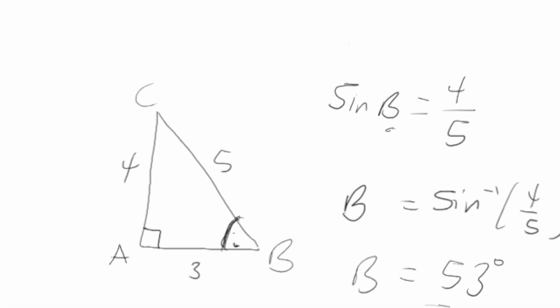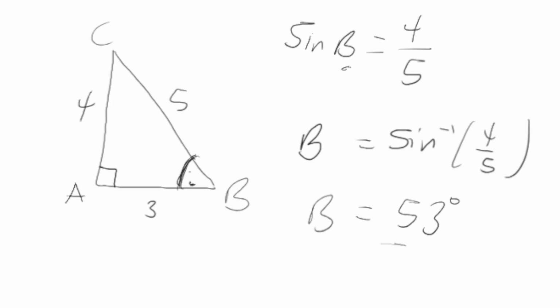So one more thing you can look at. Now you know that this angle is 53. You know that the sum of the three angles of a triangle is equal to 180. So here is 90, here is 53. You can add 90 and 53 and subtract from 180 to get this angle.